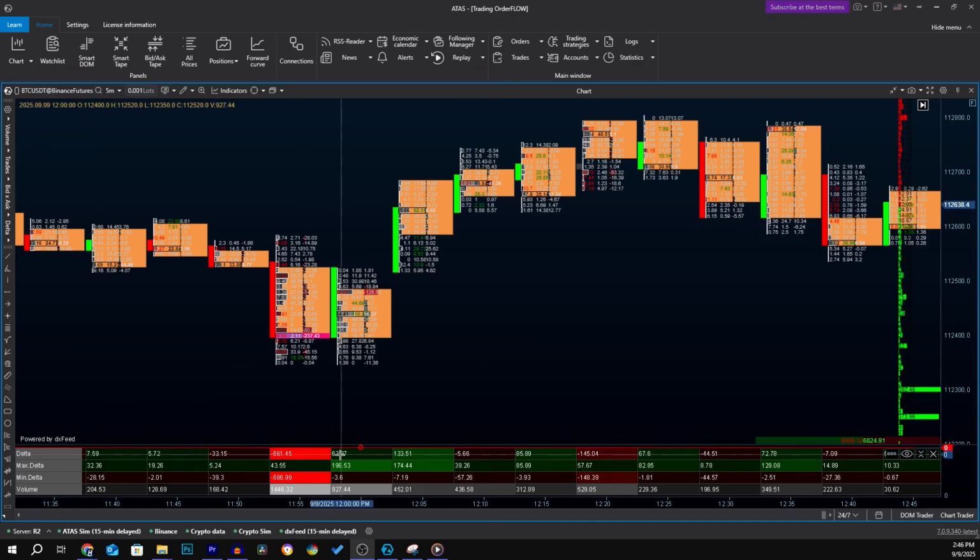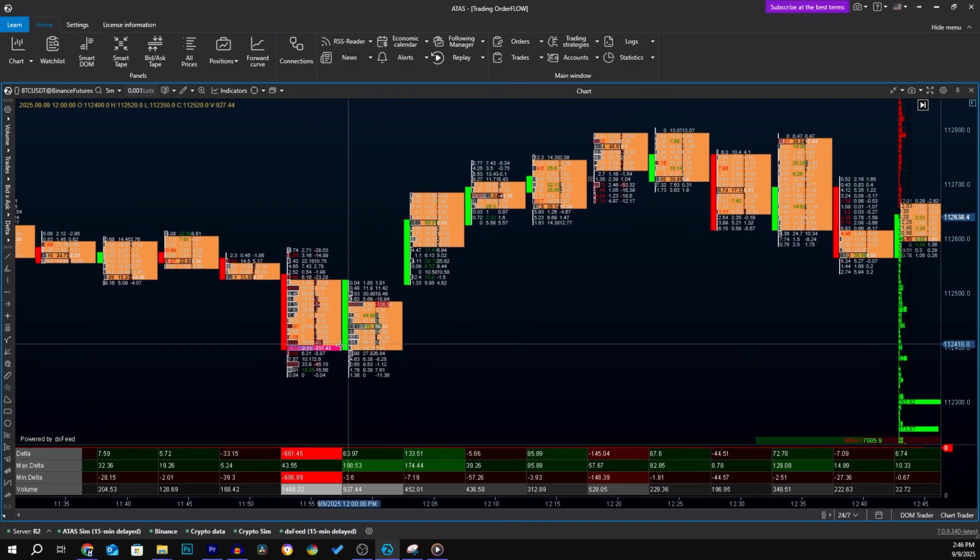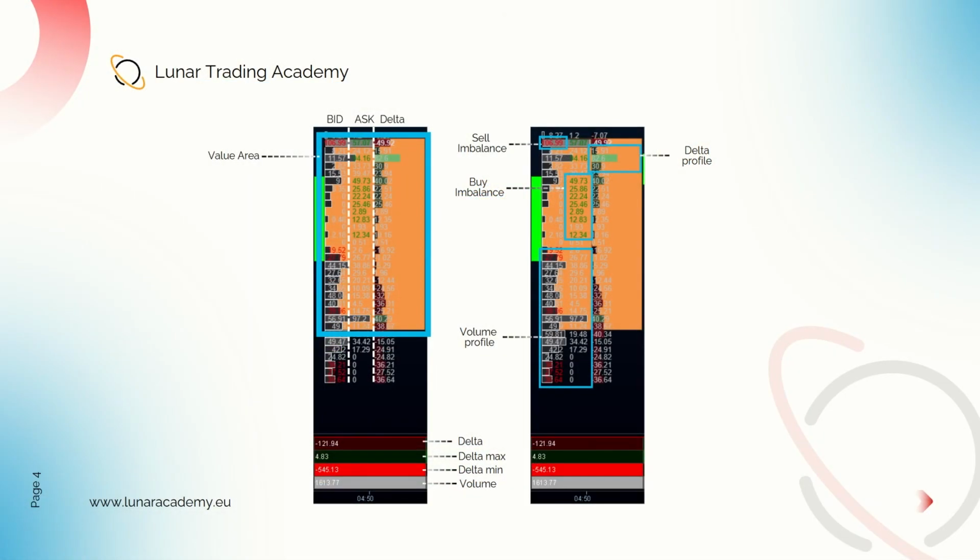So the final delta does not always show the hidden strength. If we know that during the candle one side was extremely dominant, but the overall delta eventually balanced out, we still know there was pressure and we can use it to our advantage. Then we have imbalance. Sell and buy imbalance.